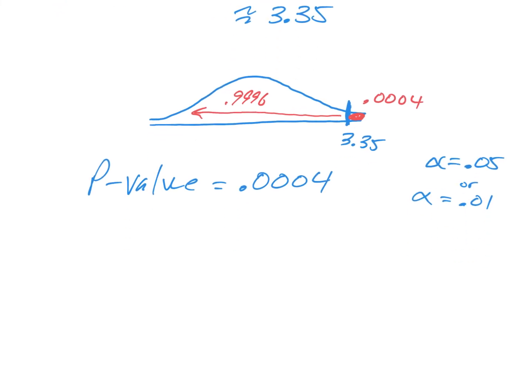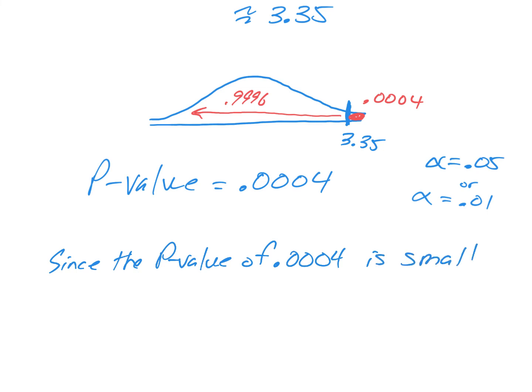So here comes the blanket statement. Since the p-value of 0.0004 is small, we reject H naught. Okay.